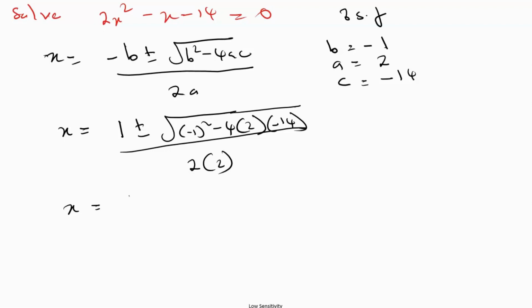So we get 1 plus or minus square root of 113 divided by 4. So this is going to now give us x as 2.91 or negative 2.41.